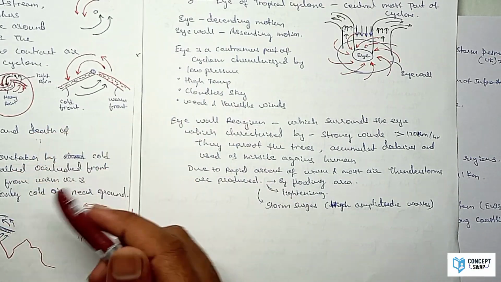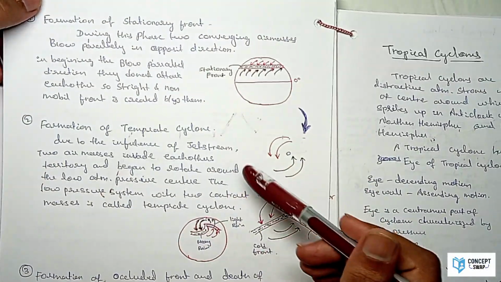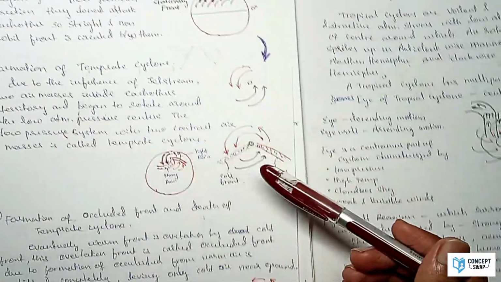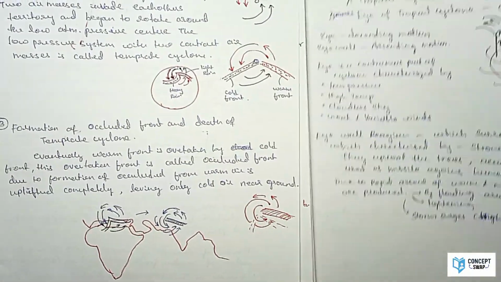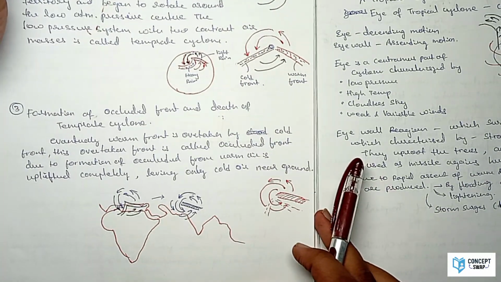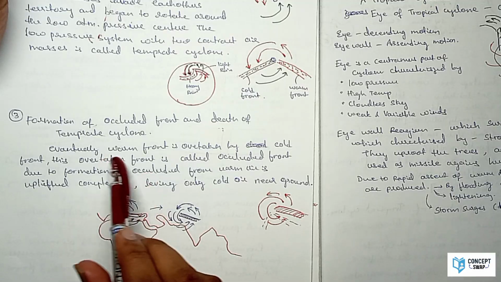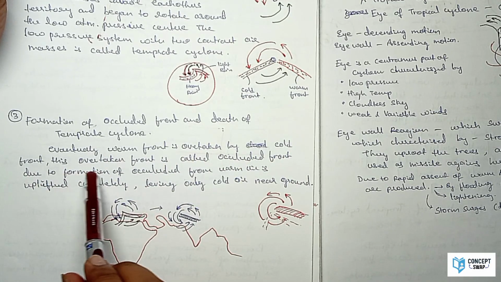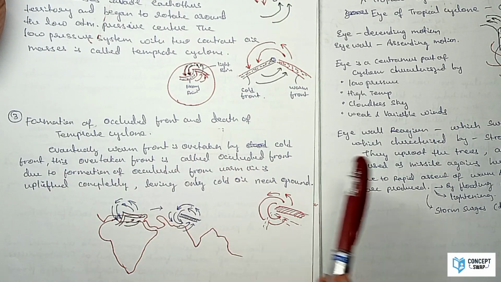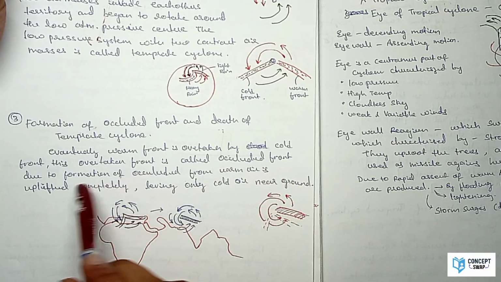Okay, then, these are the formation of fronts. See here, the formation occurs in the fronts and the depth of the temperate cyclone. You can see now. Eventually a warm front is overtaken by the cold front, and the overtaking front is called an occluded front.